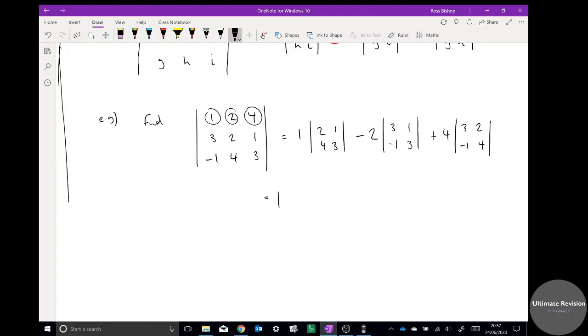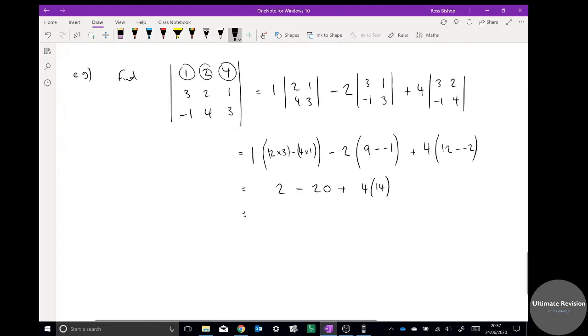Now I don't just stop there. I actually have to work out the determinants of the 2 by 2. So it's 1, and then the determinant of this is 2 times 3 minus 4 times 1, minus 2, 3 times 3, which is 9, minus 1, and then the third one is 4, 12 minus 2, and if I tidy that up a little bit, I get 2 minus 16 plus 20 times 4.